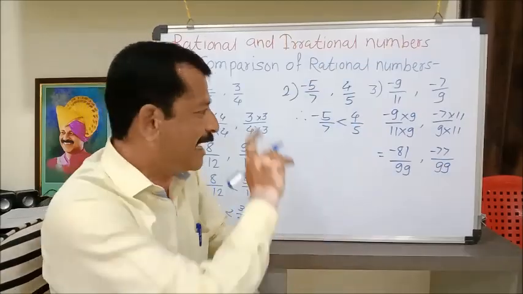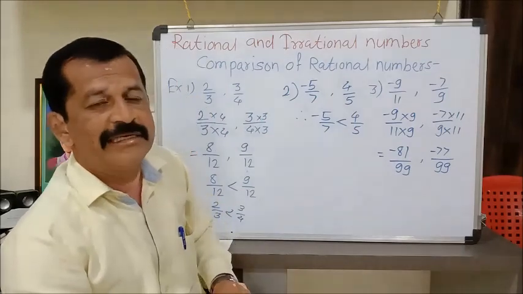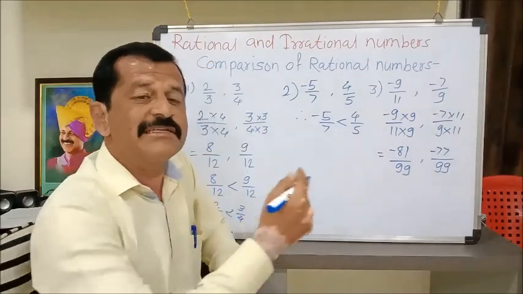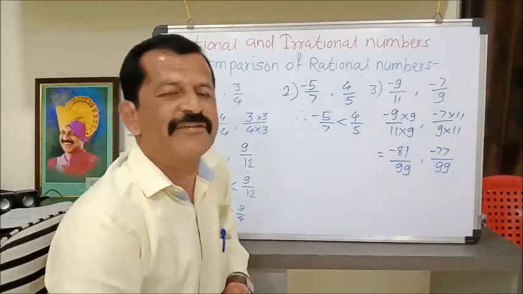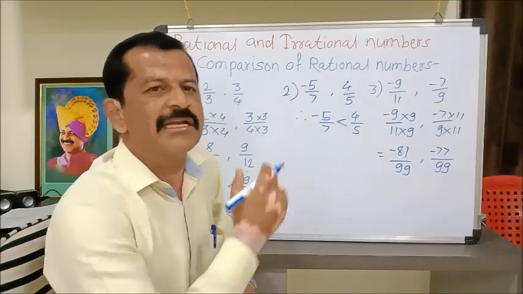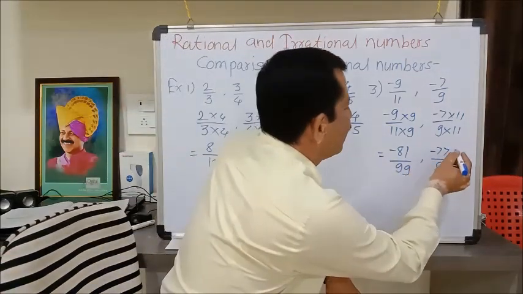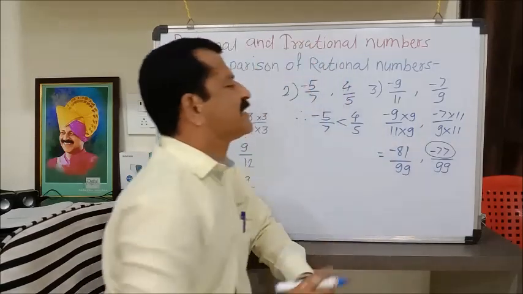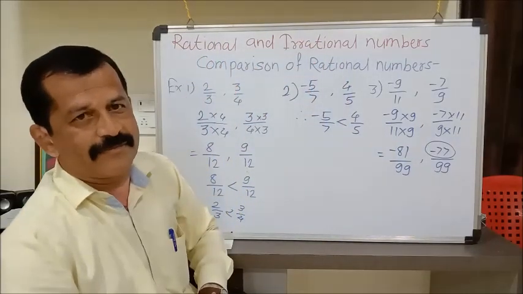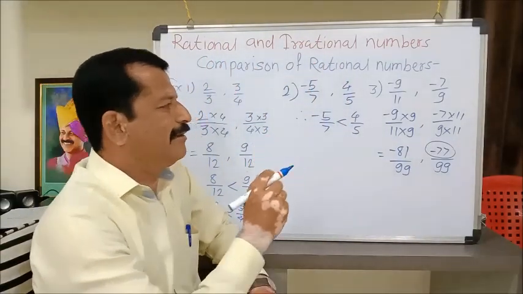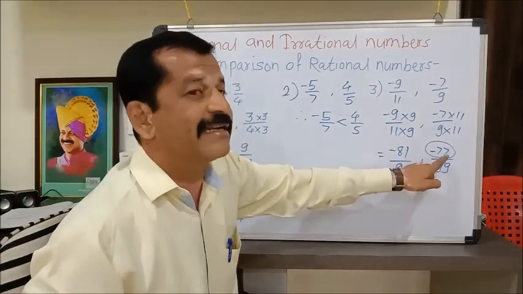Both are negative rational numbers. Among such rational numbers, the one with the greater numerator is the greater rational number. Here negative 77 is greater, because a negative number looks small but that is greater.